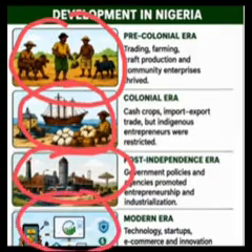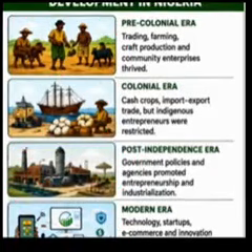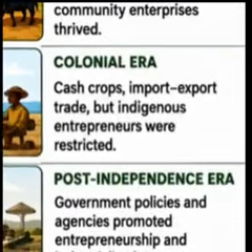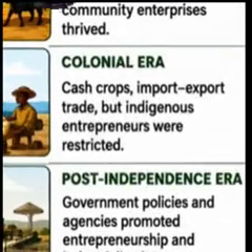When you look at it categorically, you will see that it's a process, from the primitive to the modern. And today, you will agree with me that technology has become the order of the day.